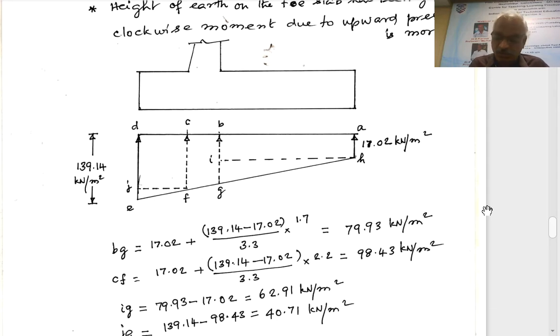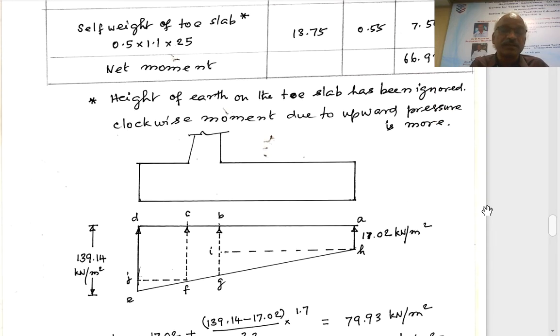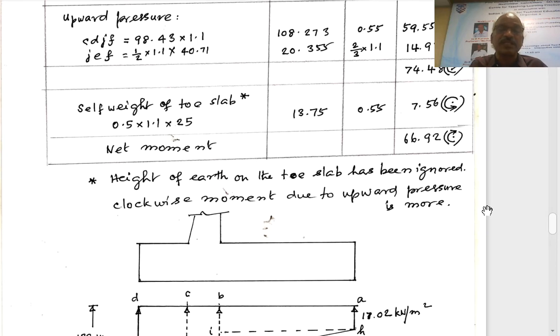So half into 1.1 into 40.71 is the area, into length 1 meter. So that is 20.355, and that is a triangle. The apex of the triangle is at the point C. So from C the distance is 2/3 of 1.1. That is 14.93. So these two upward forces will cause a clockwise moment of 74.48 kilonewton meter.